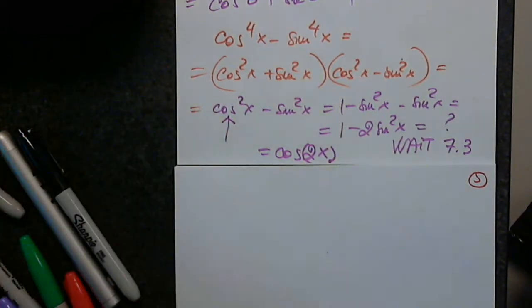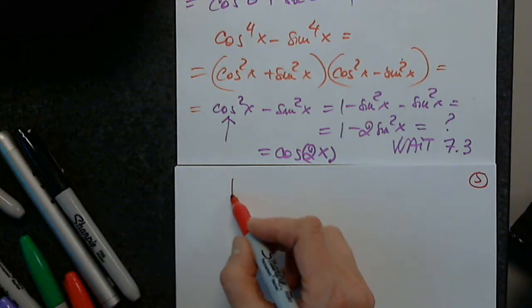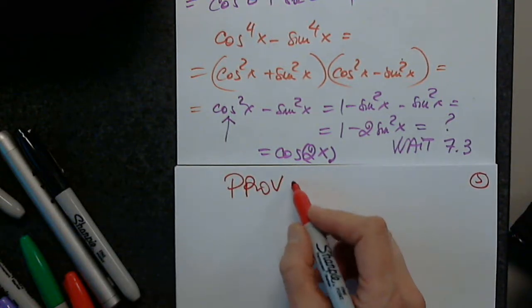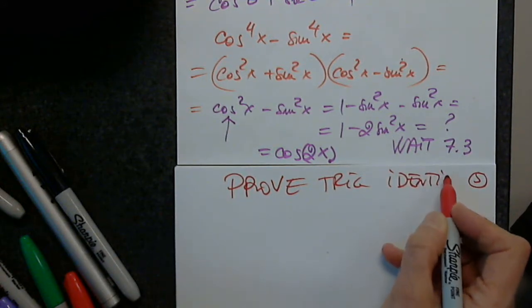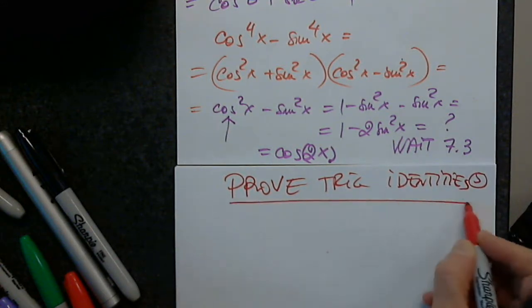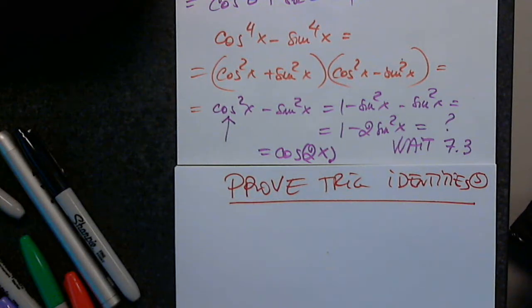Okay. Now the second part here is prove trig identities. That's the second part of section 7.1. So why do I need to prove trig identities?